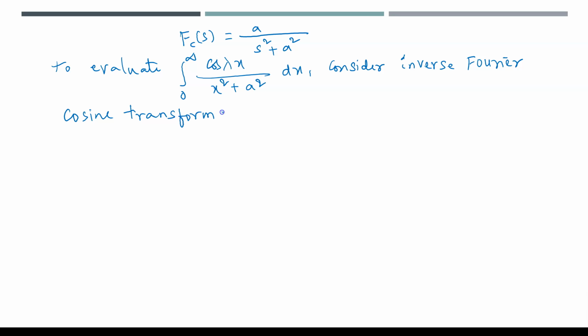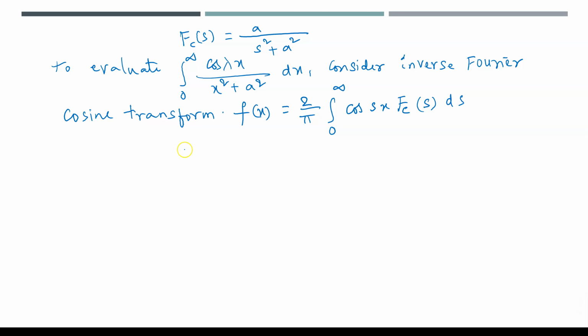The inverse Fourier cosine transform is f(x) equal to 2 by pi integral 0 to infinity cos sx into Fc of s ds.